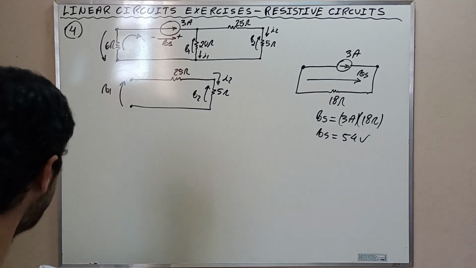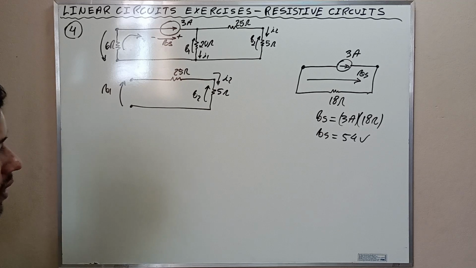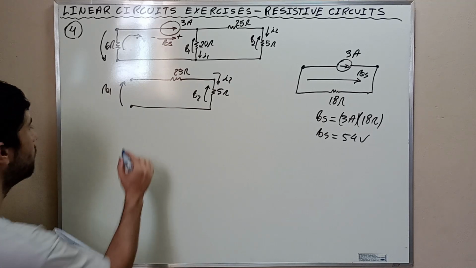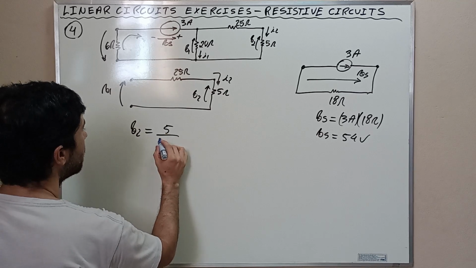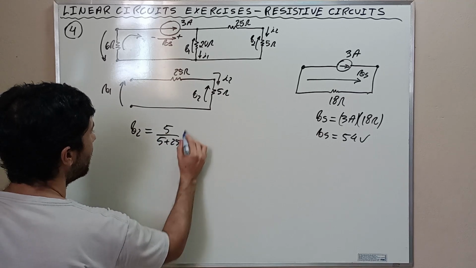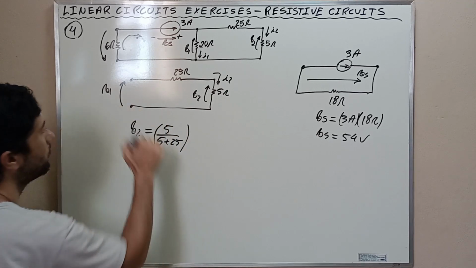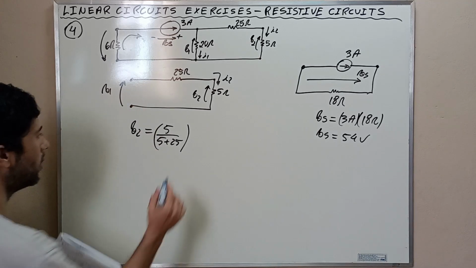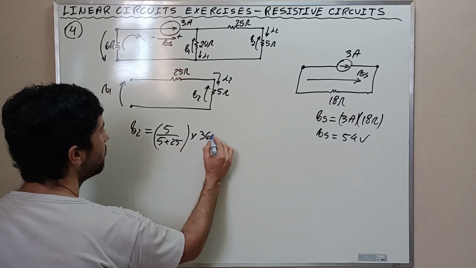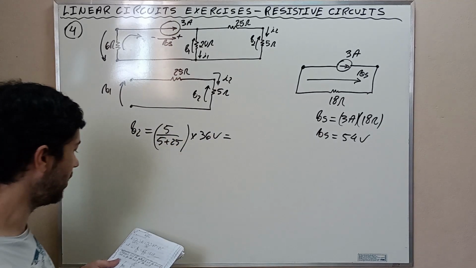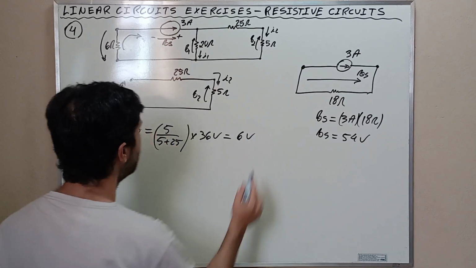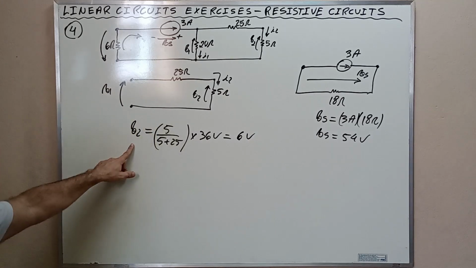And to find V2, we simply apply the voltage divider. V2 is equal to 5 divided by 5 plus 25 times the value of V1, and the value of V1 we found it to be 36 volts, and if we compute this we find a value of 6 volts for voltage V2.